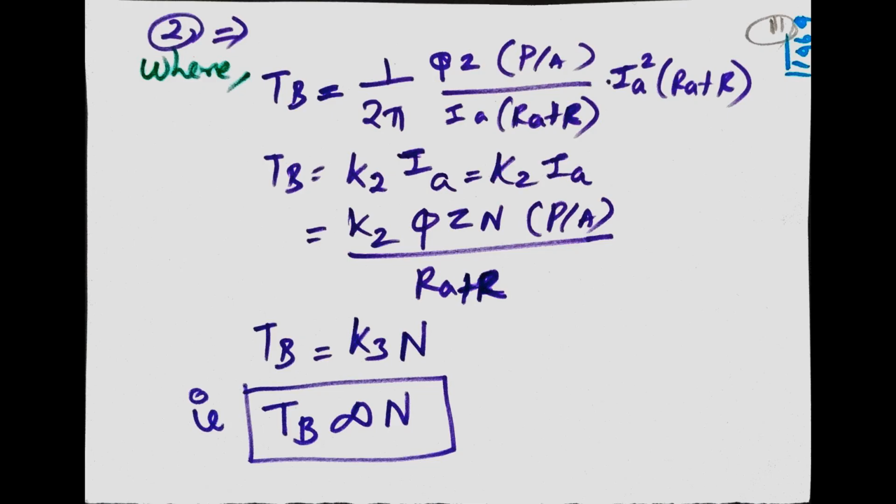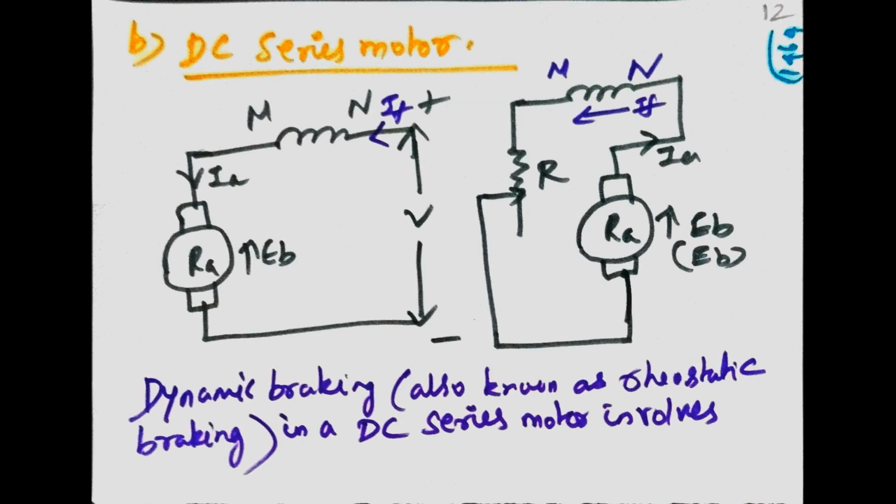DC series motor is shown in the figure. EB and IA, the field winding M N, and a rheostat connected to change the resistance, IF is the field current.